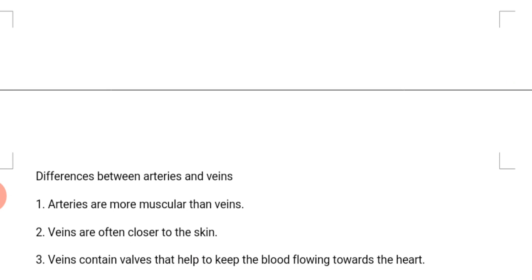Arteries are more muscular than veins. The first difference between arteries and veins is that arteries are more muscular than veins. The second difference is that veins are often closer to the skin.